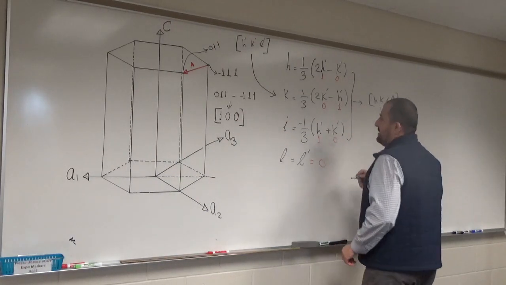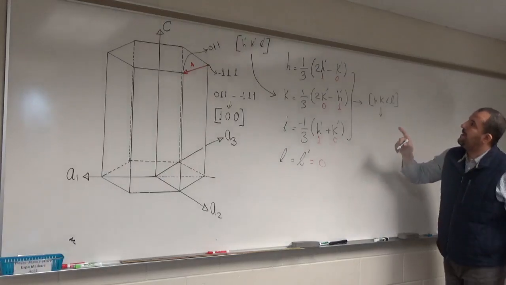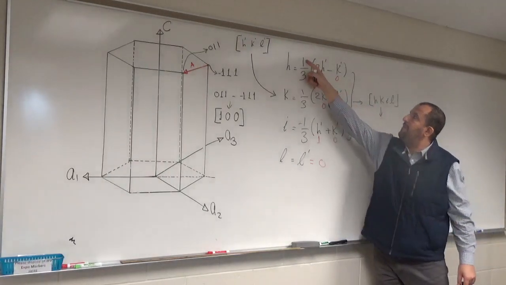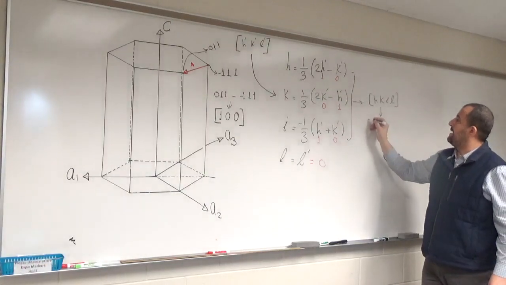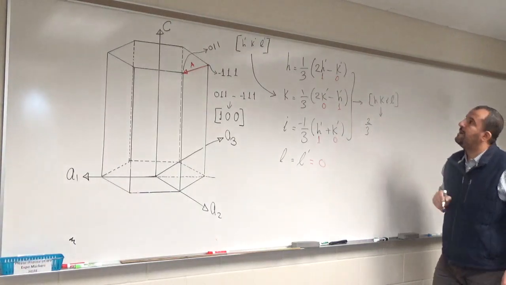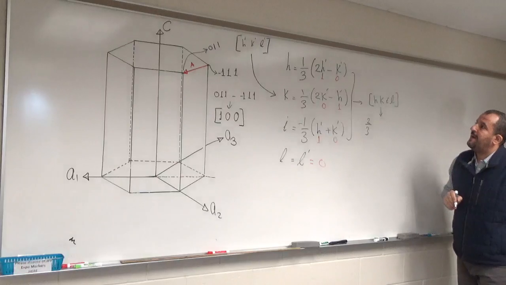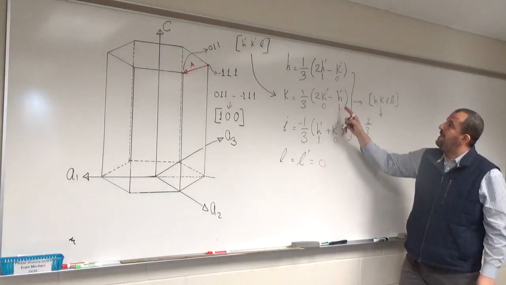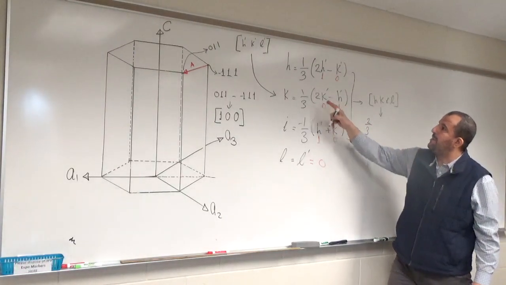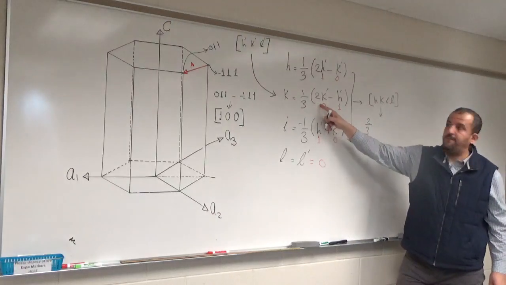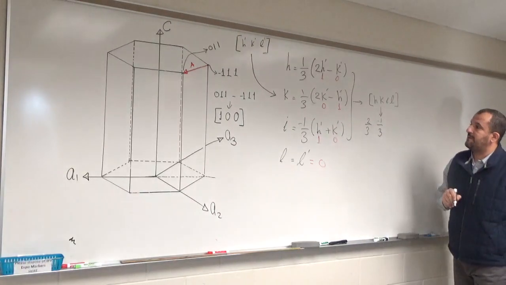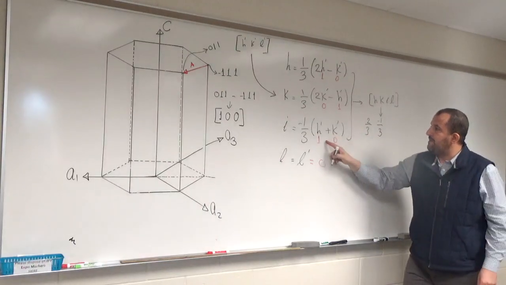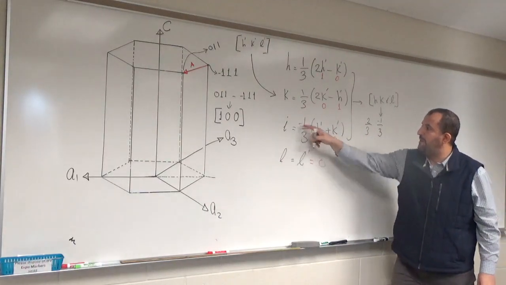So now you can see Miller indices are, so I have 2/3, that's very nice, and I have -1/3, since this is 0, so we have -1/3, that's very nice, and from here we have another -1/3.